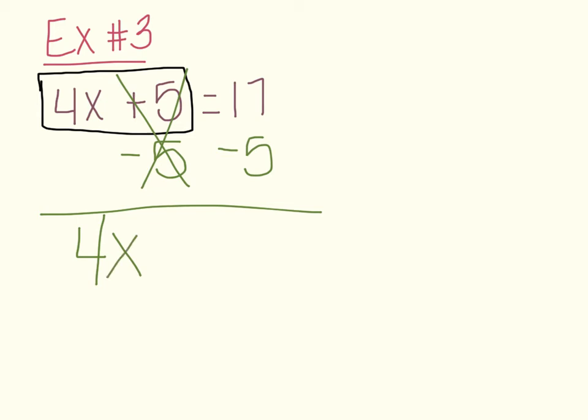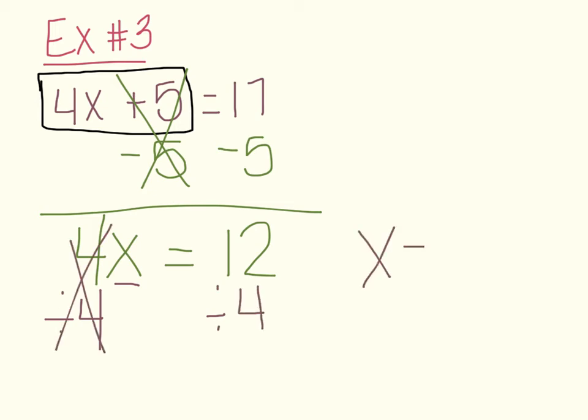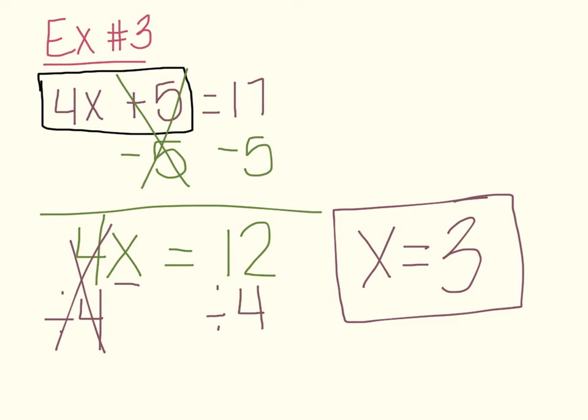And 17 minus 5 equals 12. Now our last step is to get x by itself. We have a multiplication. 4x means multiplication, so we have to divide by 4. This side crosses itself out, and we're just left with x. And 12 divided by 4 is 3. So x equals 3.